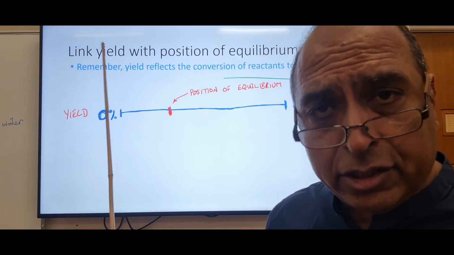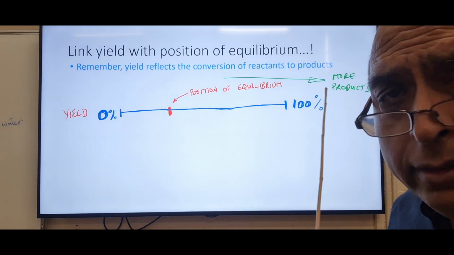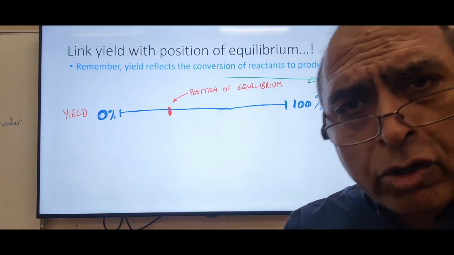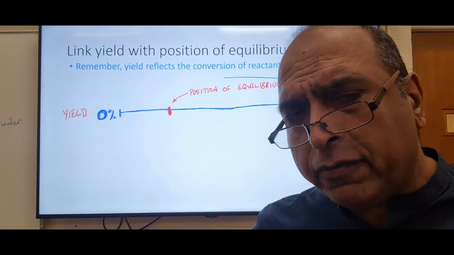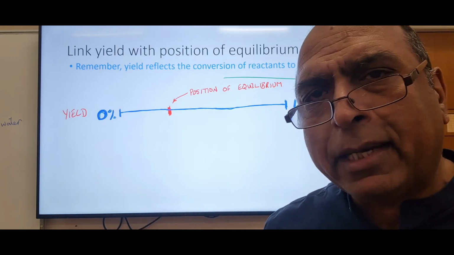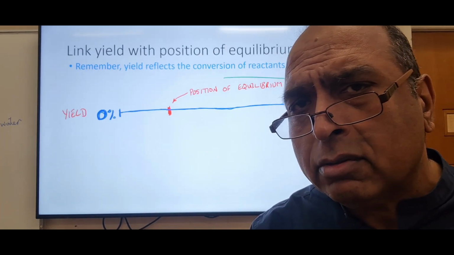yield percentage. The bigger the percentage, the more of the products are being made. More of the forward reaction happens and makes more of the products before you reach the dynamic equilibrium, and from then on they don't change.